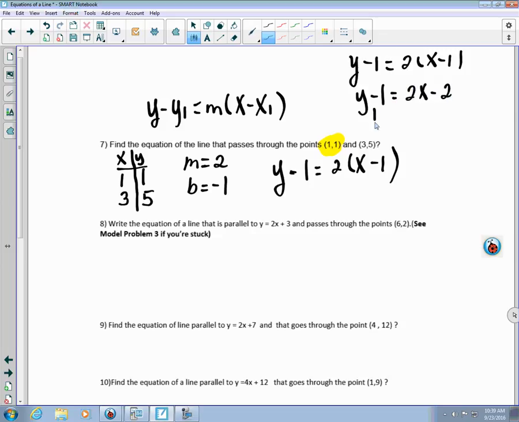Very good. So plus 1, y equals 2x minus 1. And then I got to take away 2 x's. So -2x plus y equals -1. So this is standard form, and that would be point slope.